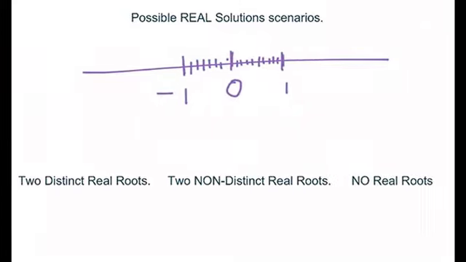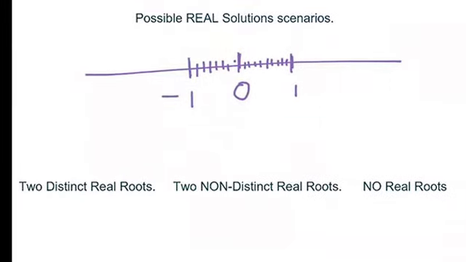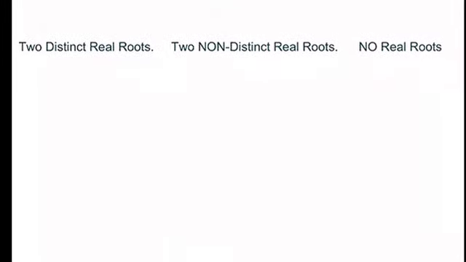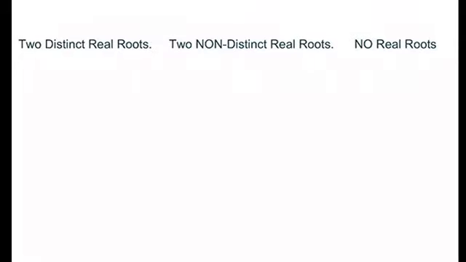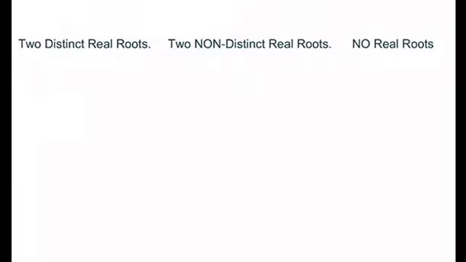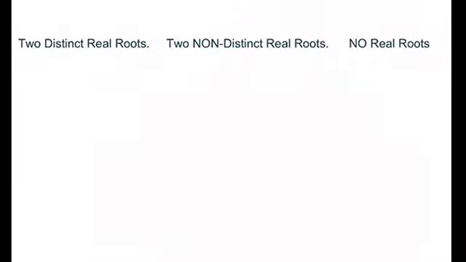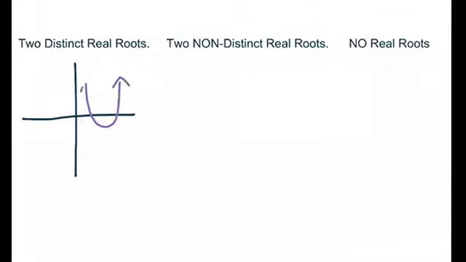So there are 3 different scenarios for solutions that we can get when we are dealing with a quadratic. The first situation is what we call 2 distinct real zeros. Now, we've looked at this before. This is when we have 2 x-intercepts.